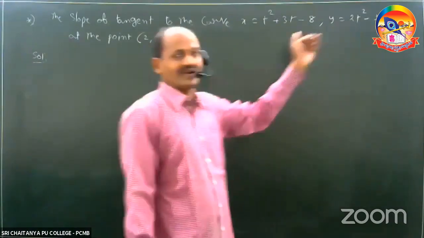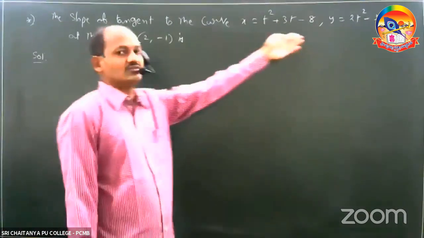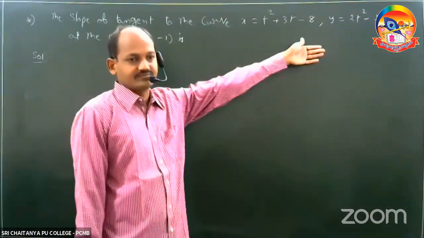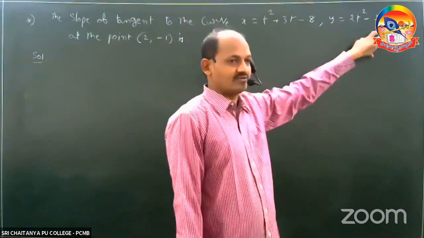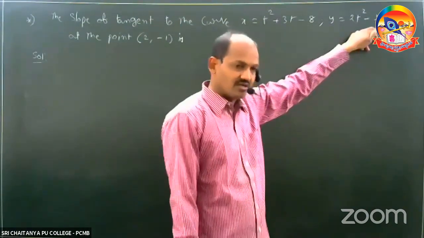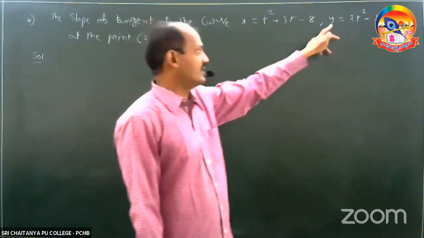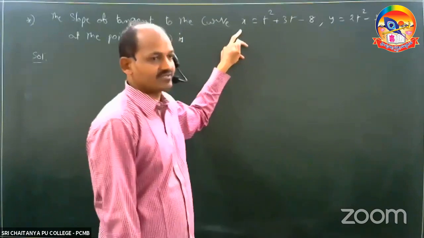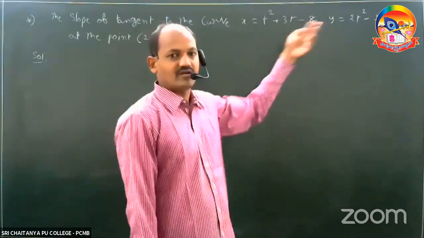So first we find the value of t, then find the slope of the tangent to the given curve. Since x and y are both in terms of t, we apply dy by dx, that is, the derivative of y divided by the derivative of x, with numerator and denominator in terms of t.